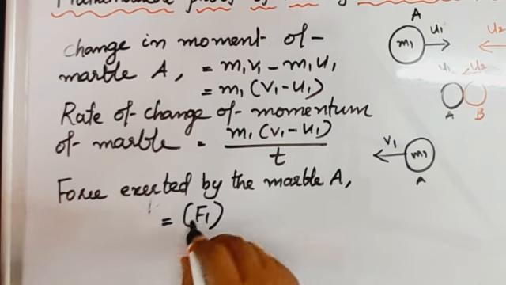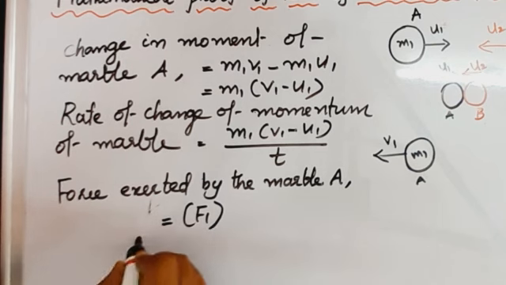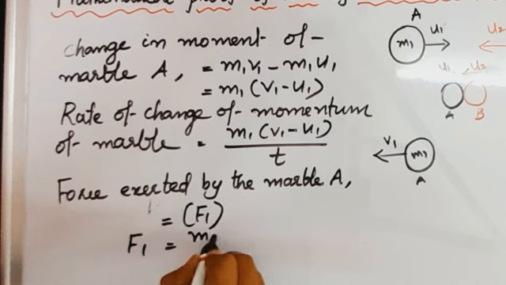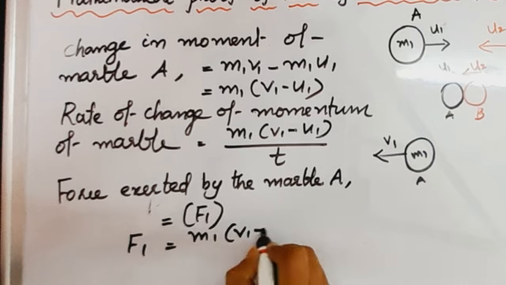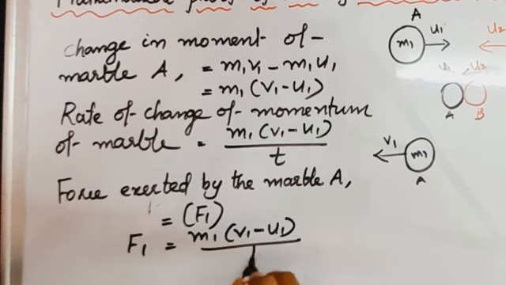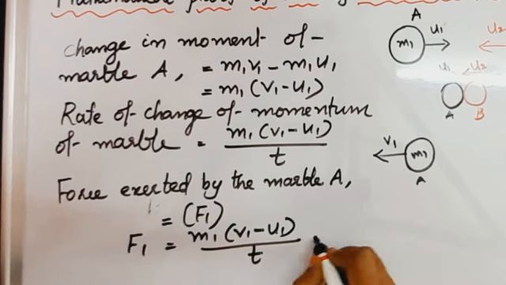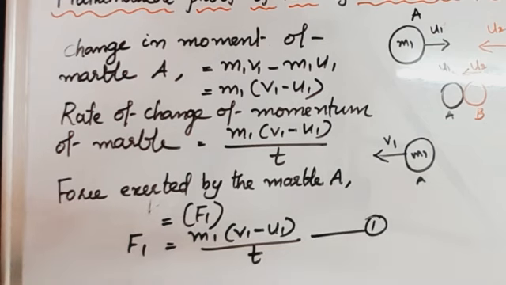So we can write F1 is equal to M1 into (V1 minus U1) divided by t. This is equation number 1.